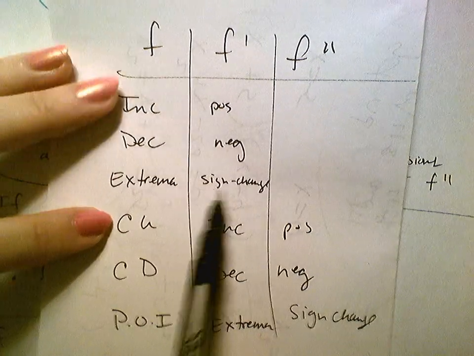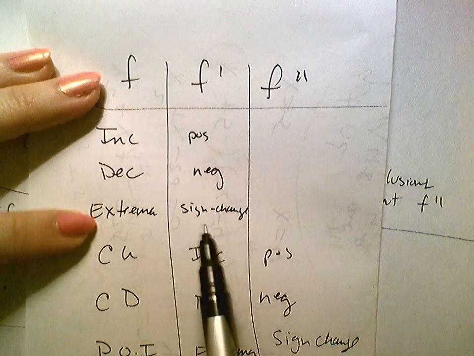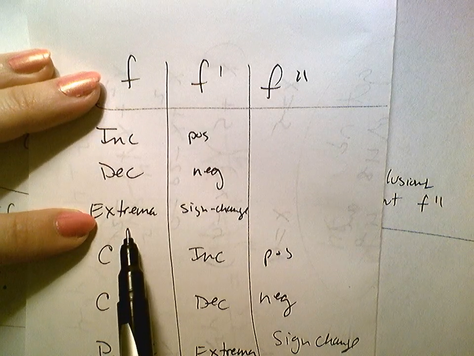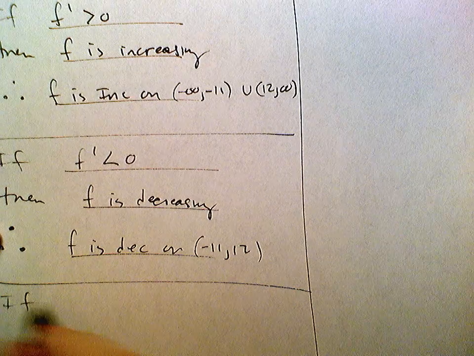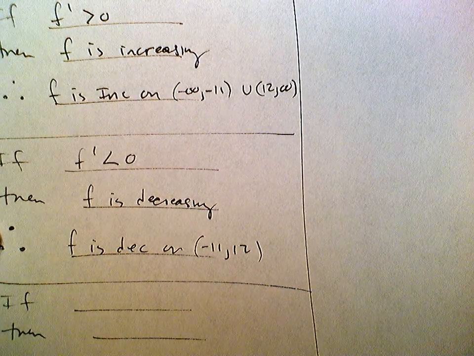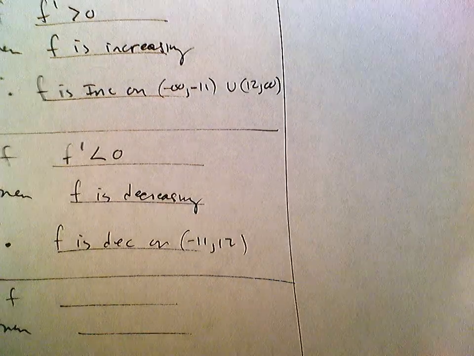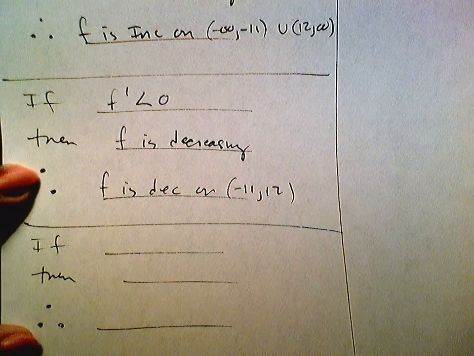Okay, so we could look for a sign change on f prime, because that's going to imply an extrema for f. So we'll say if blank, then blank, therefore blank. Okay, so we're looking for a sign change.